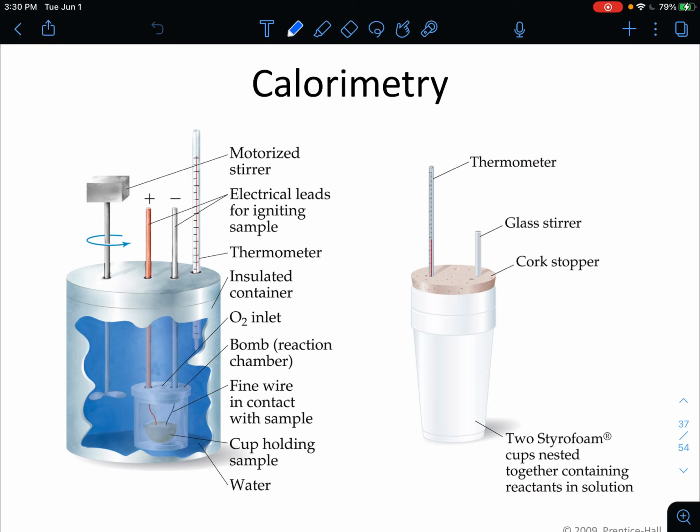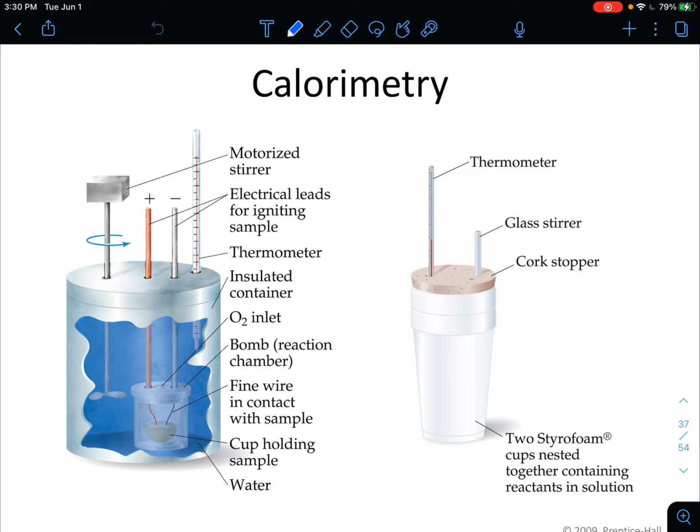The setup on the right is our simple coffee cup calorimeter, and that's pretty much the standard fare that we use in undergraduate chemistry labs to do some basic calorimetry. So we're just really going to talk about heat flow taking place between water inside the calorimeter and an object that we drop into the water.